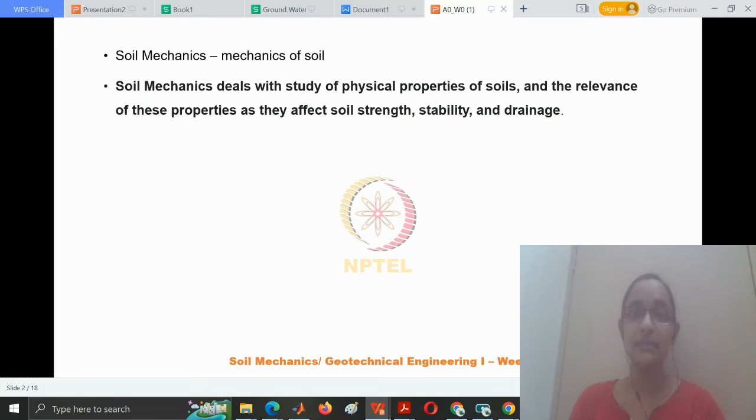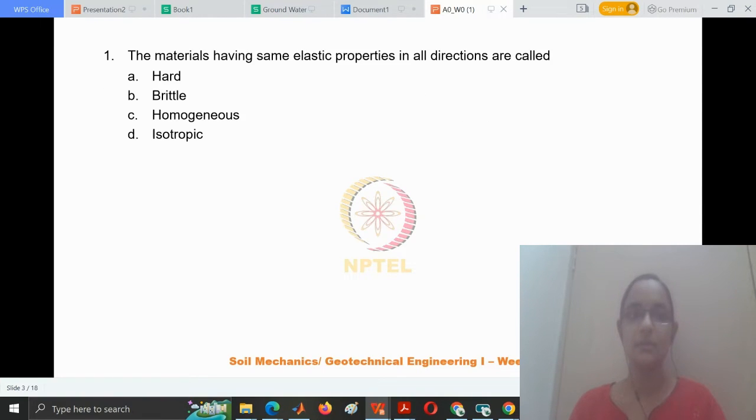Likewise, the subject that deals with the mechanics of soil is the soil mechanics. Here, we study the physical properties of soil as well as the relevance of these properties as they affect the soil strength, stability, and drainage. So let's check on with some theoretical and numerical questions.